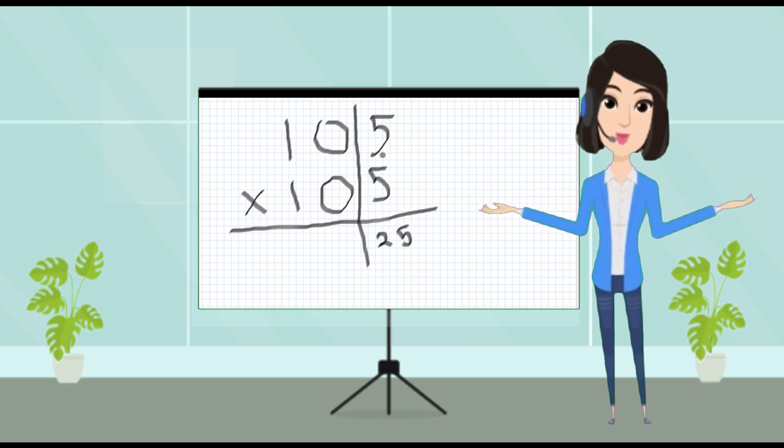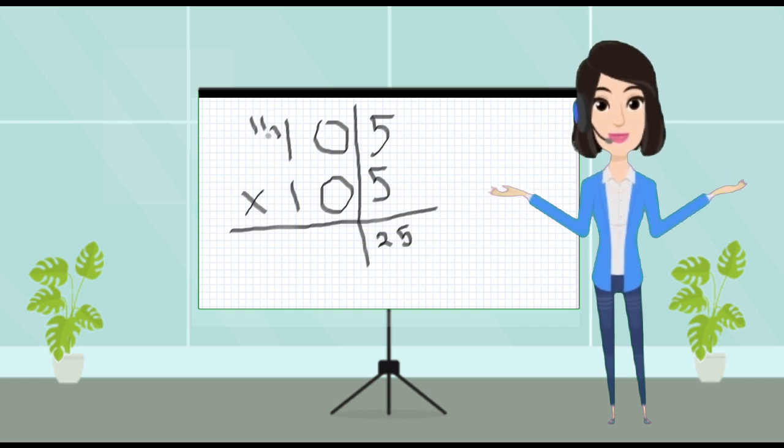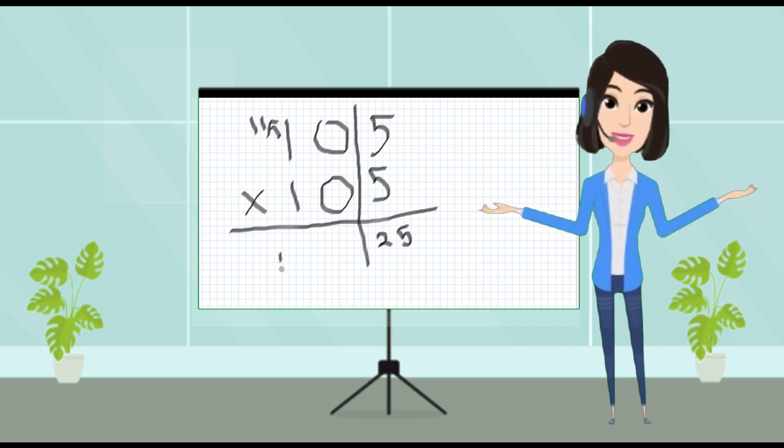Then we're gonna go to the tens place. It's a 10. So 1 more than 10 is 11. So 10 times 11 is 110. So this is our answer.